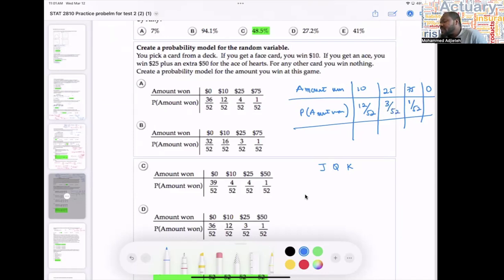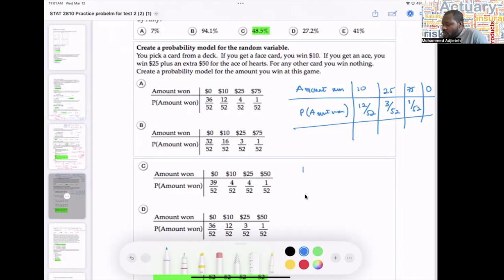What's the probability of you getting nothing? It's very easy. Remember, you could sum all these and everything should equal 1. Or you could count and subtract the aces and the face cards from the total. What will be left? We know that aces are 4 and face cards are 12. If you subtract that, you are going to get 36 over 52.